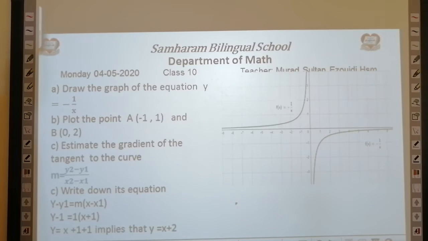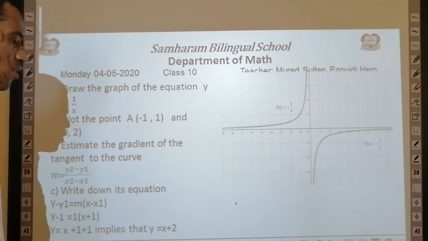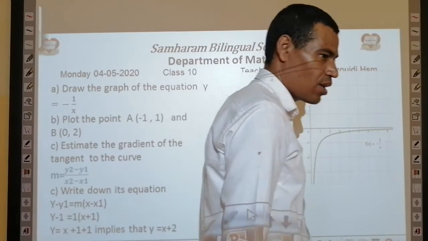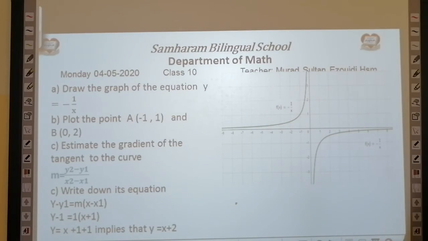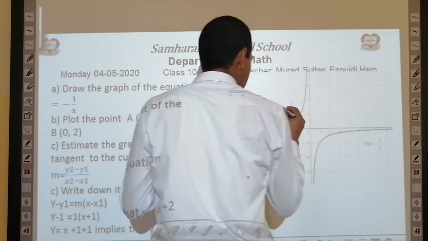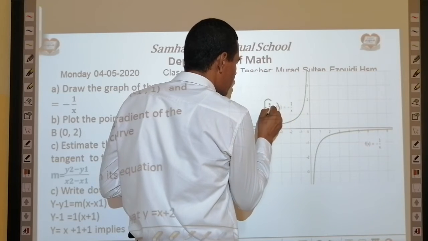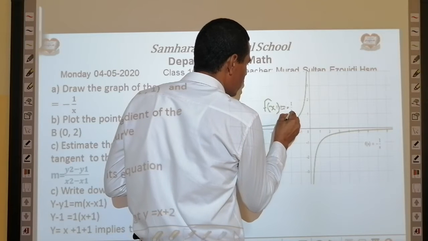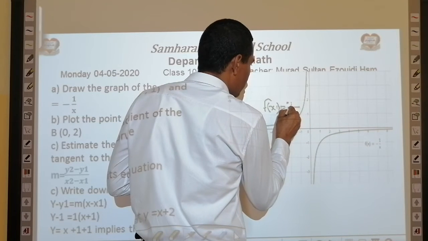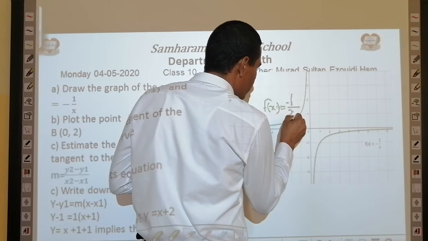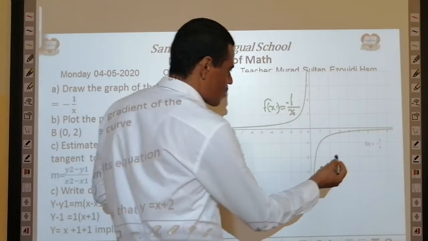The next example. Here we have a hyperbola of equation y equals negative 1 over x. Okay, this is f of x. f of x equals negative 1 divided by x. This is also the same.